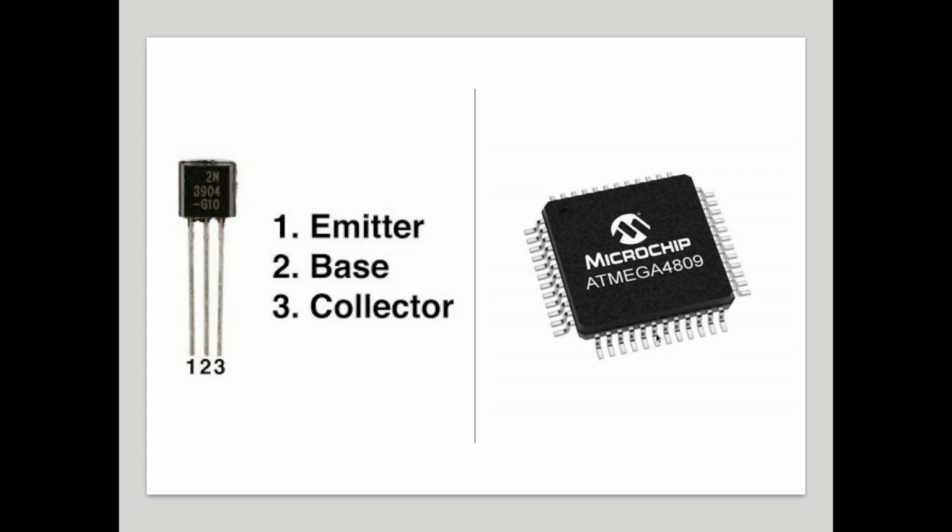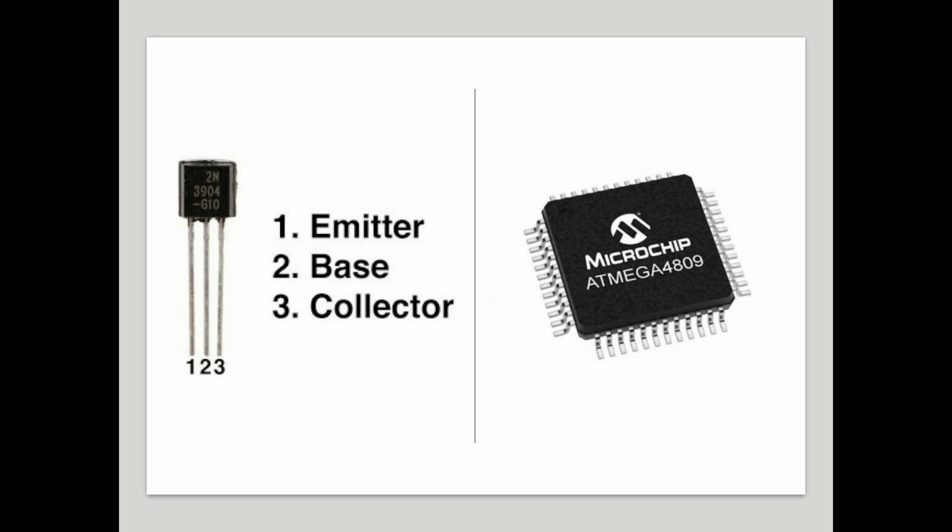So the transistors inside are much smaller than this one here. The transistor on the left is probably about as big as the tip of your finger, but the transistors inside a microchip are going to be tiny, and the smaller that they are, the more power efficient they are, and also the faster they can operate. So part of the reason that microchips have become so powerful is because we've got better and better at miniaturizing the transistors inside them.